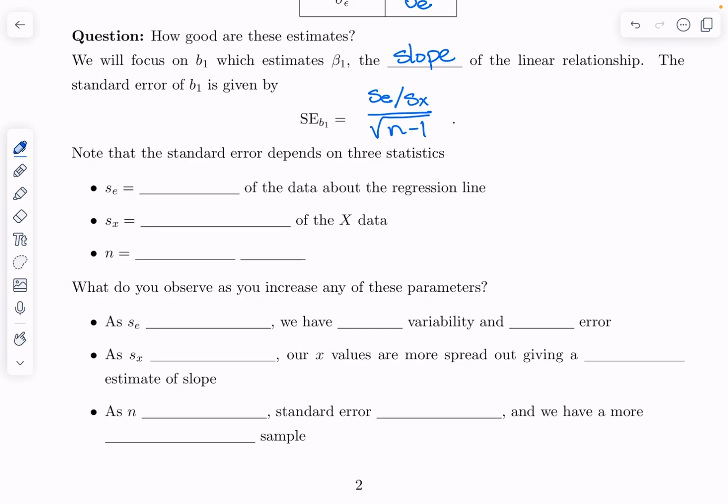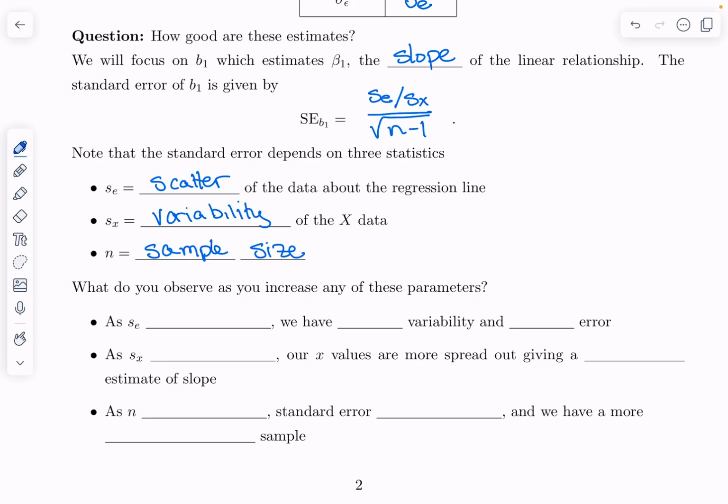So the standard error depends on three statistics. There is the residual standard deviation, which represents the scatter of the data about the regression line. There is our standard deviation of our x values, which represents the variability of the x data. And then there's n, which represents our sample size.